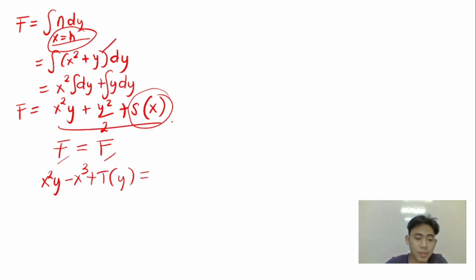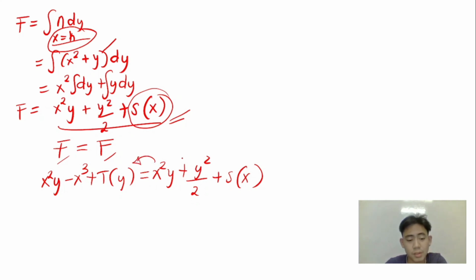So, ano yung second f natin? Ito naman yun, mga lodi. That x squared y plus y squared over 2 plus s of x. Okay? So, x squared y, pag nilipat natin sa kabila, once natin transpose, magiging negative yung isa. So, 0 pa rin yan.